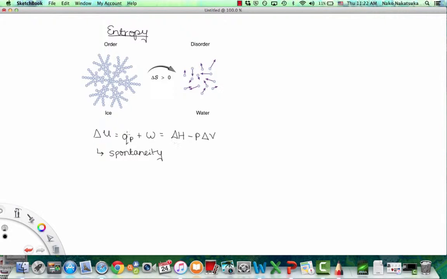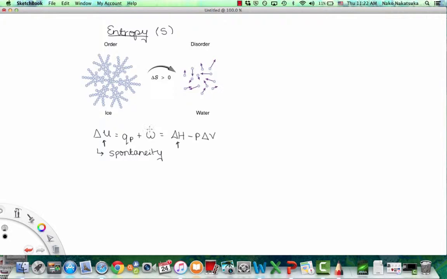But looking at delta U and delta H alone does not fully describe a system. We need to look at another property of the system to describe the likelihood or probability that the system will be in a particular state. And this property is called entropy, and it's given the letter S. Knowing both delta U or delta H as well as delta S of the system provides information on how the system will change.